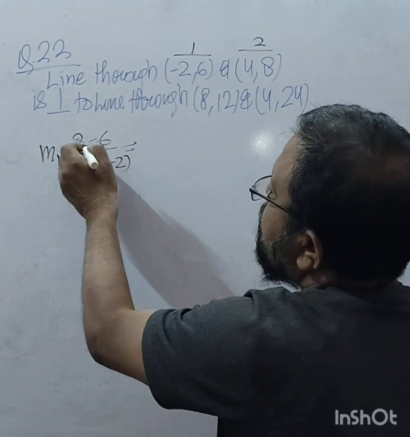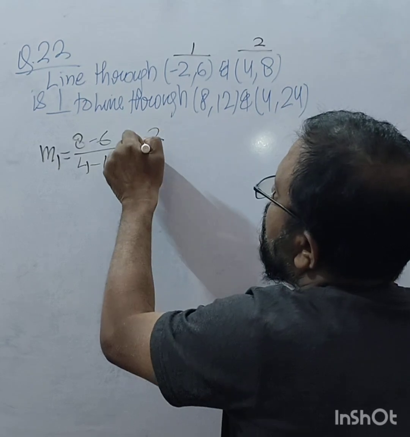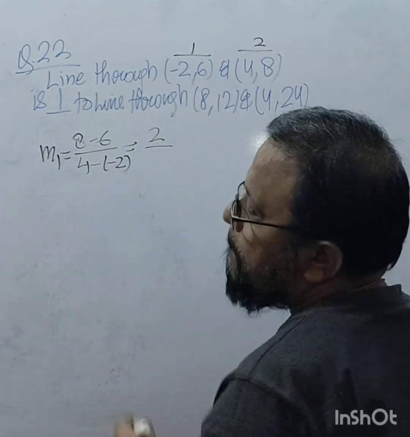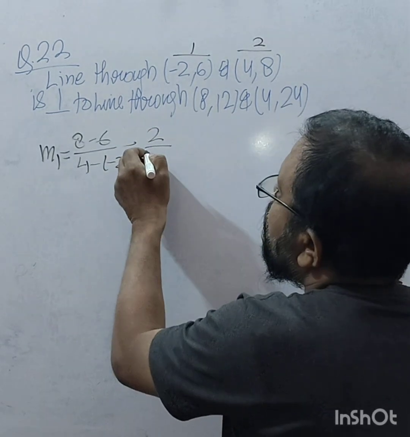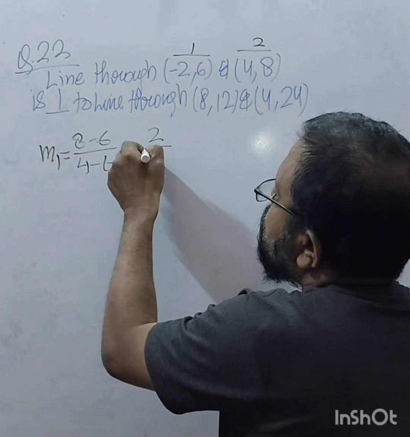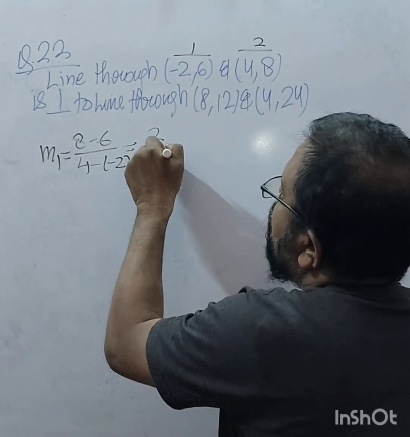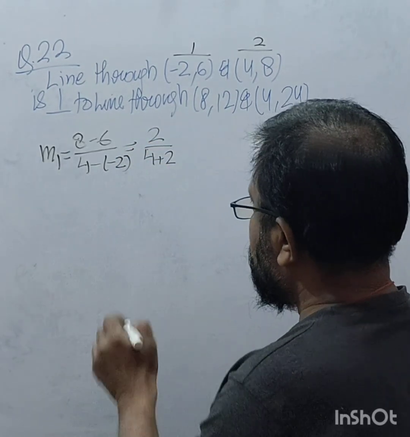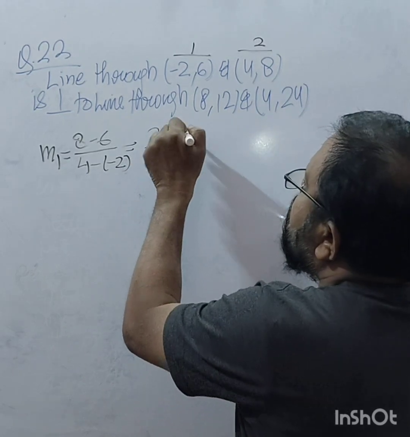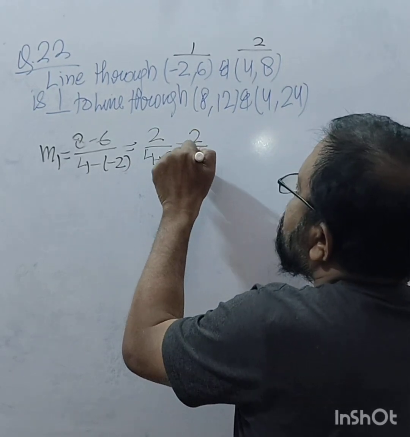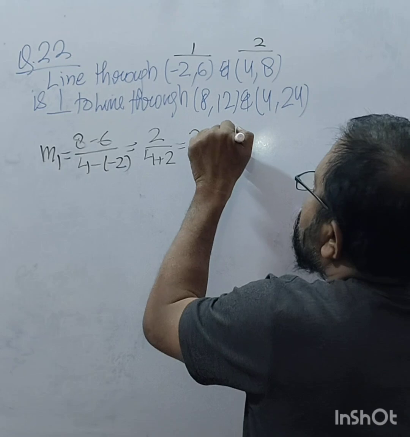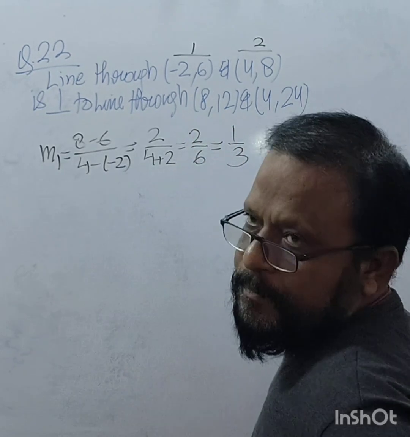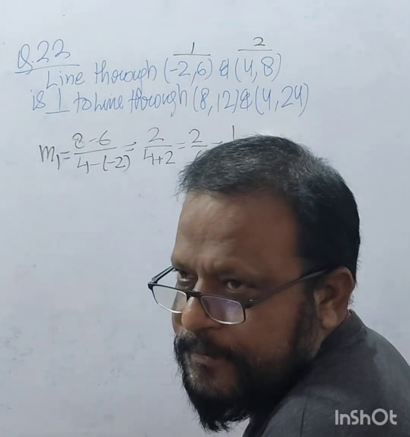How much you get? 2 upon 4 plus 2. So it is how much? 2 by 6. It becomes 1 upon 3. Right?